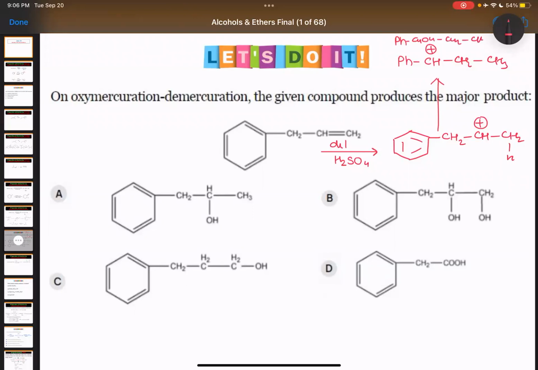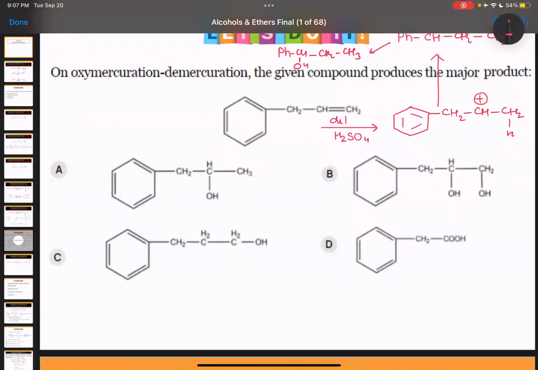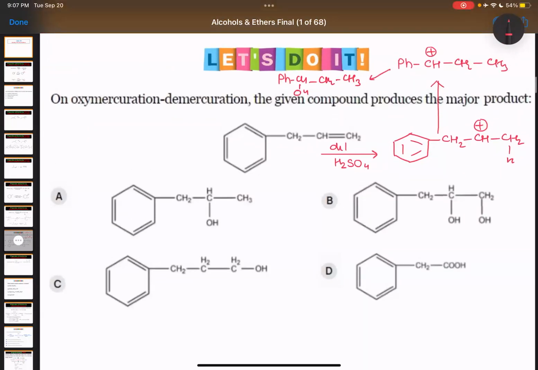So what's the IUPAC name of this alcohol? 1-phenylpropanol. Yeah, 1-phenylpropan-1-ol. Correct.